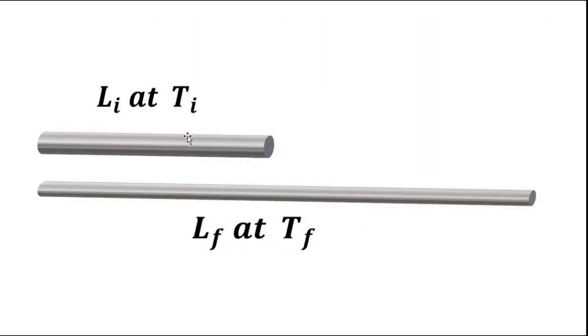Let us say we have a rod which is at an initial temperature Ti, and it has an initial length Li.